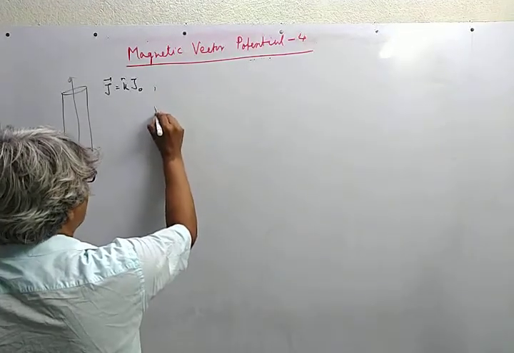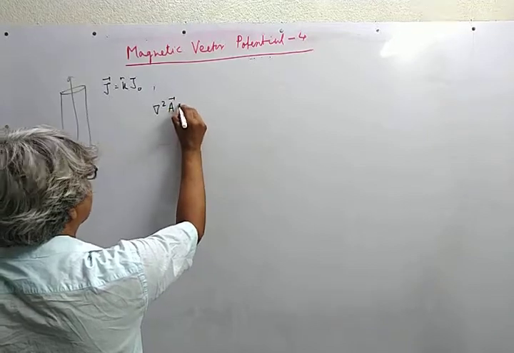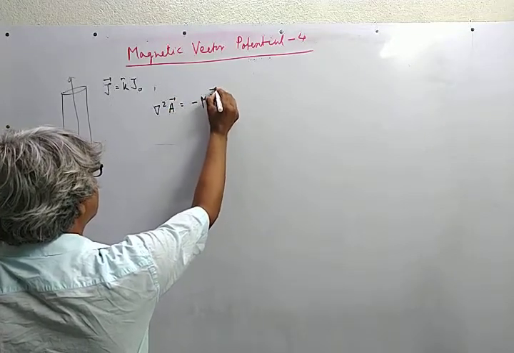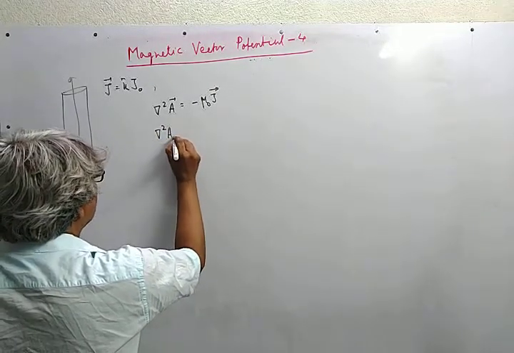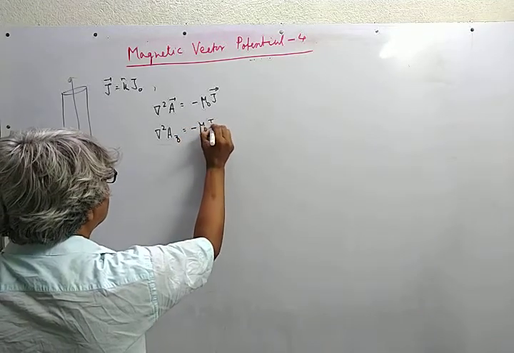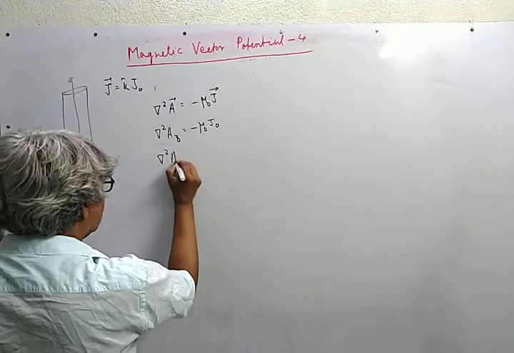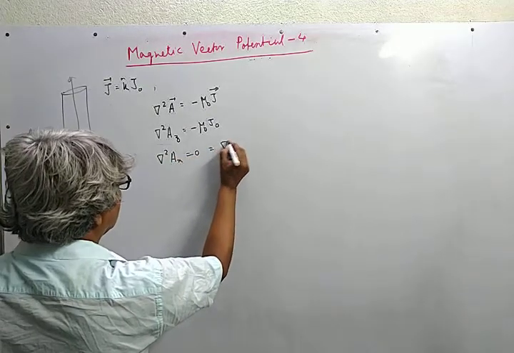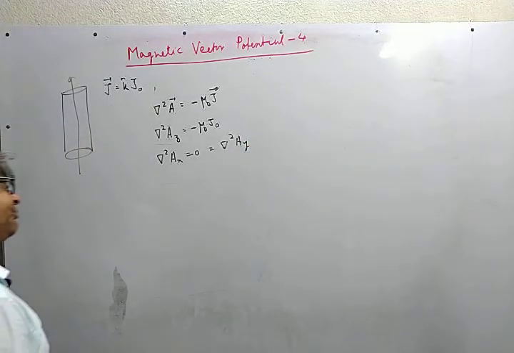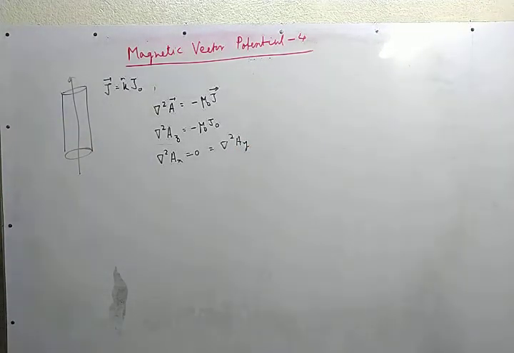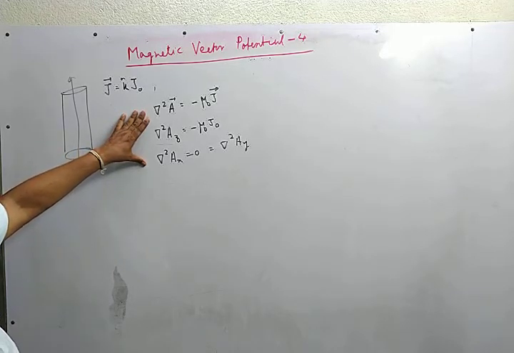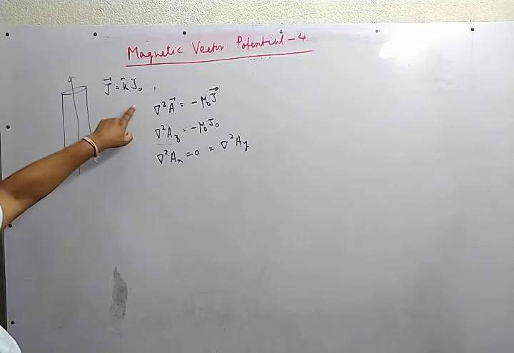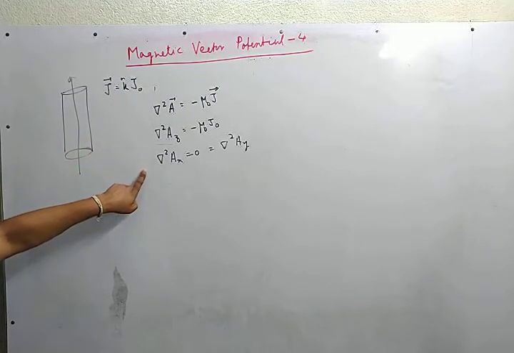Obviously, we know that the vector potential in the Coulomb gauge condition satisfies this equation, del squared A equals minus mu 0 J. We can solve this equation using cylindrical coordinates, but here we shall not go to the solution of this differential equation, because the semester 2 students are not yet accustomed to the solution of partial differential equations.